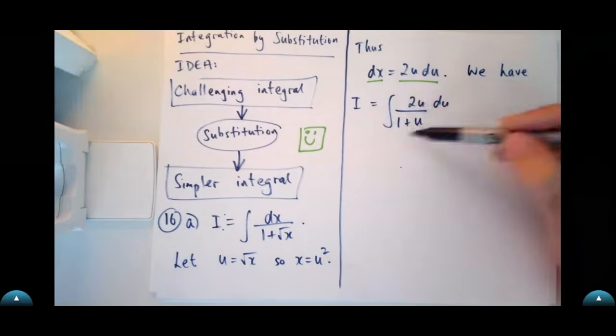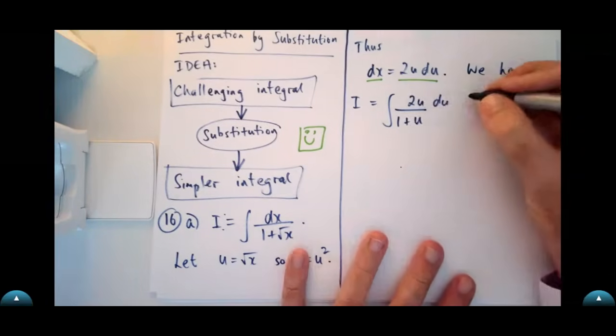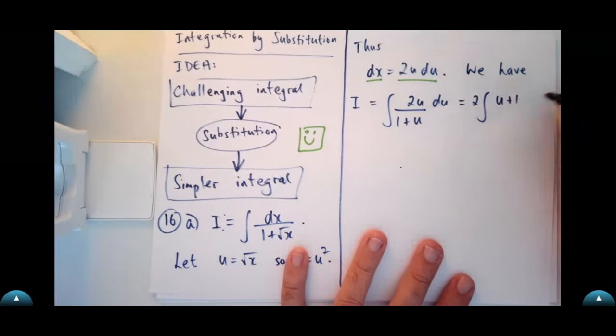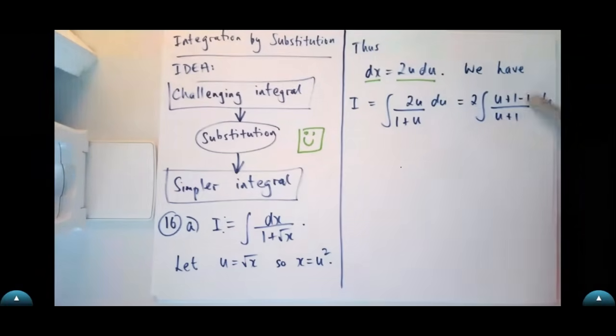Now, how do we integrate this? It's not as hard as it seems. You can take the u out the front, and now watch what I do. All I've done in the denominator is a sneaky little trick where you add one and you take one away.